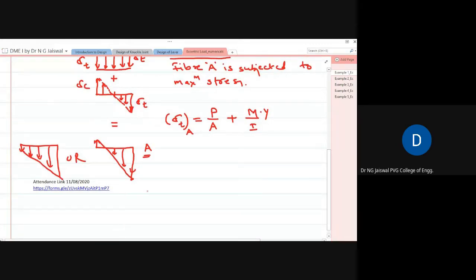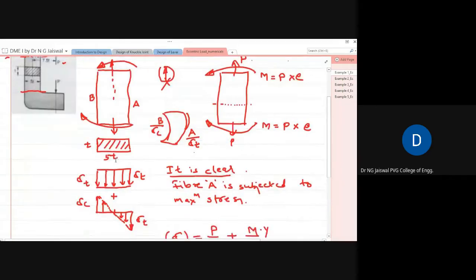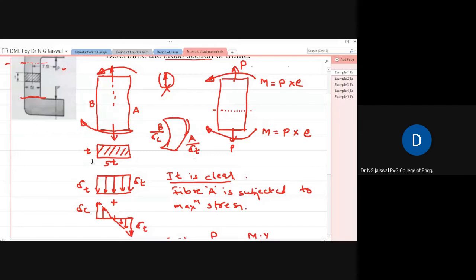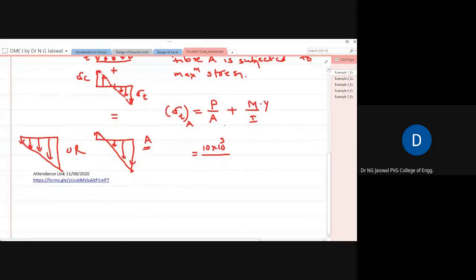Right. Now, this is equal to P, which is 10 into 10 to the power 3, becoming Newton because it was given in kilonewton, divided by A. If you see the cross-section area, it is given as T into 5T. That is why the cross-section area will be equal to T into 5T, plus M. M is force into eccentricity.